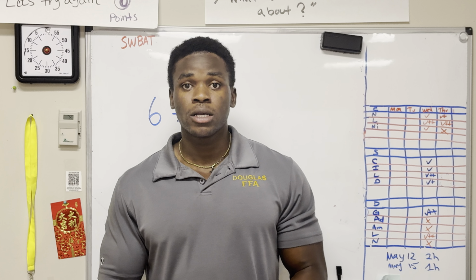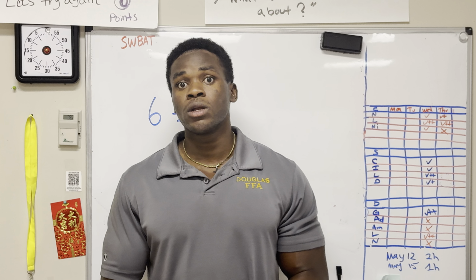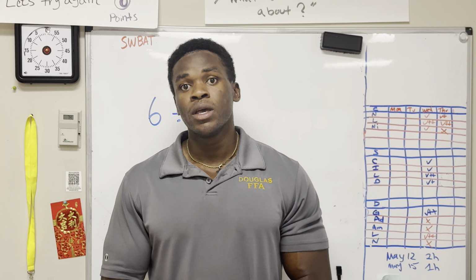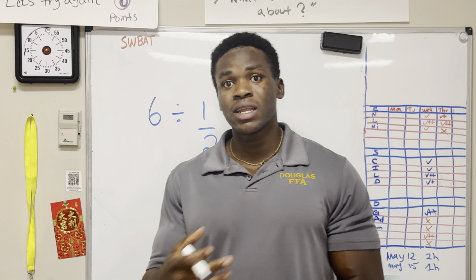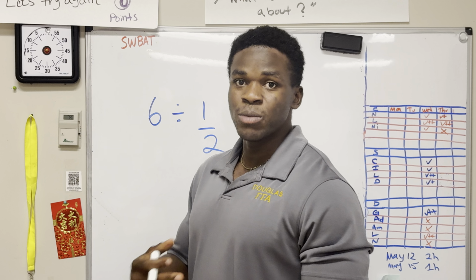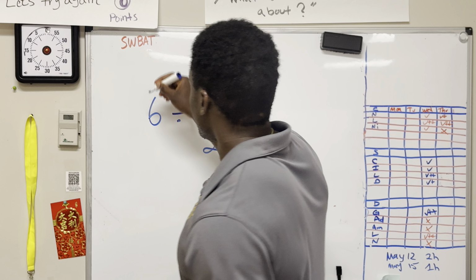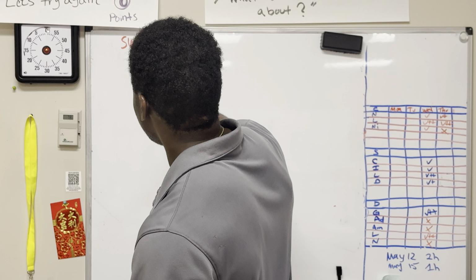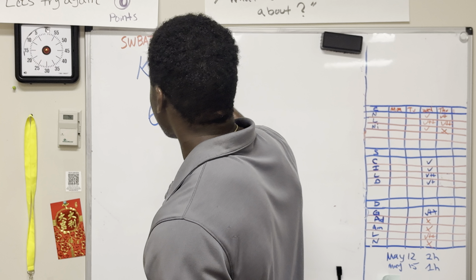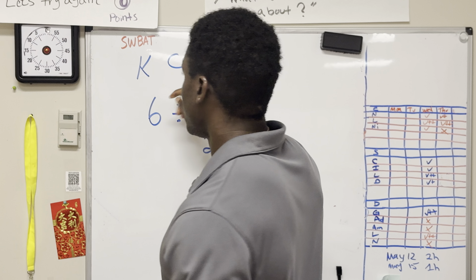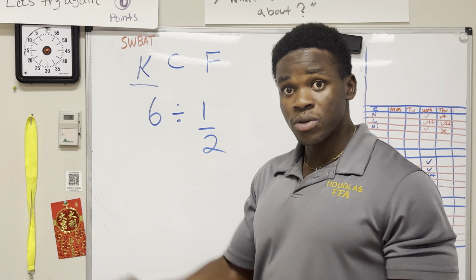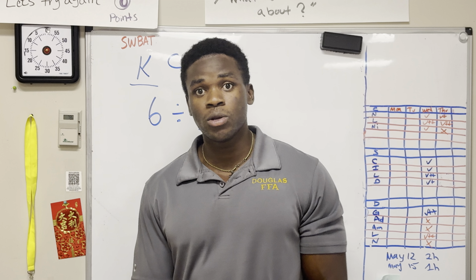Okay, and especially middle schoolers, they will hear that word a lot, multiply by the reciprocal. And that is also known as something that I like to do, which is called keep change flip. Okay, and this can be identified as K, C, F. K stands for to keep, just like you keep a dollar bill in your pocket.